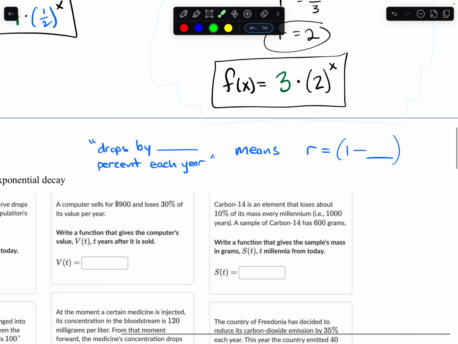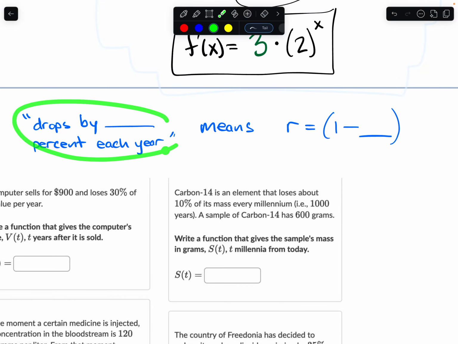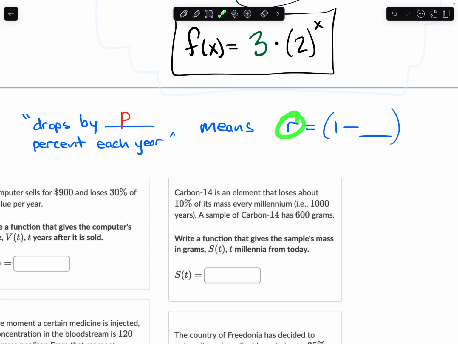So what I want you to write in your notes is that if you see that kind of phrasing where it drops by so much percent each year, and really it doesn't have to be year, it could be every decade or every millennium or whatever it is, but some unit of time. If you see that, let's just call it P for percent. If it drops by P percent each year, all that means is that your growth, or rather your decay factor, R, is going to be 1 minus P over 100.